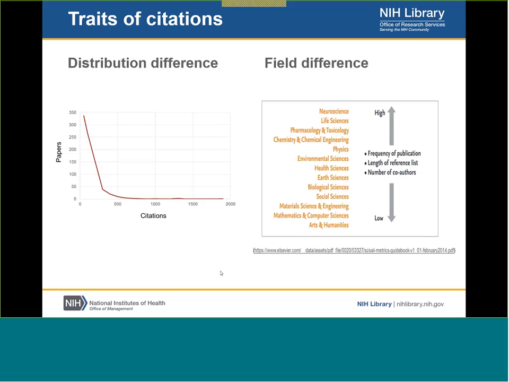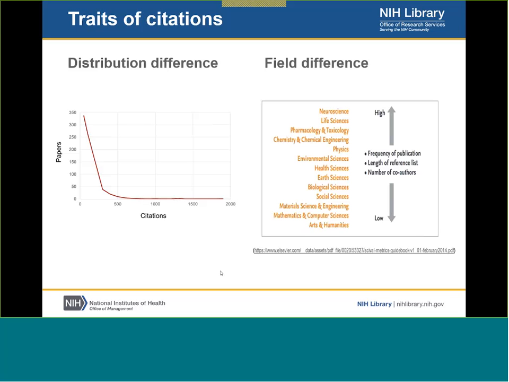And for other fields, because they do not publish as much, do not have so many co-authors, and do not cite too many people or too many works, they basically give little room for people to cite. They also produce fewer works for people to cite, and in their works too, they cite fewer people.